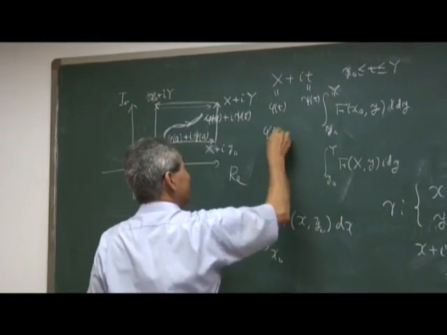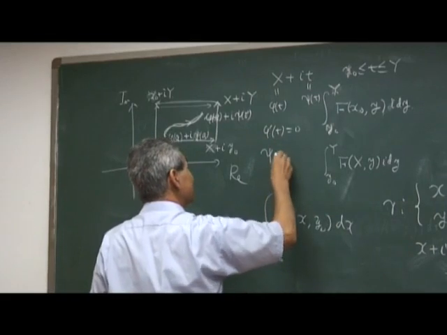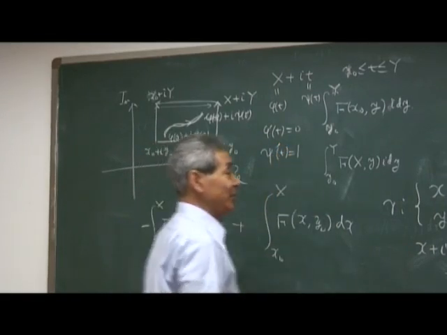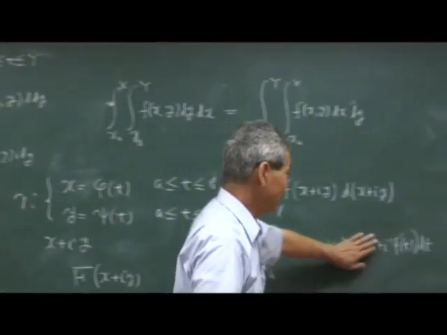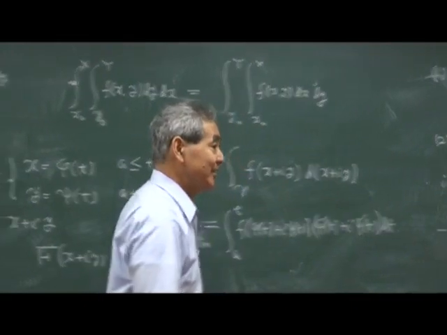Then phi prime t is 0, psi prime t is just 1. So here, this is 0 and this is 1, so i dt comes in.